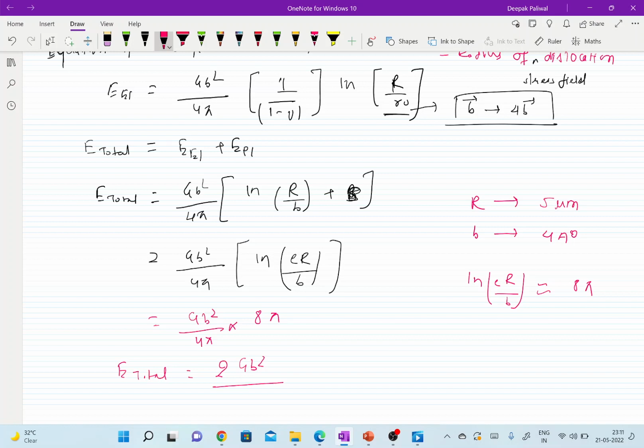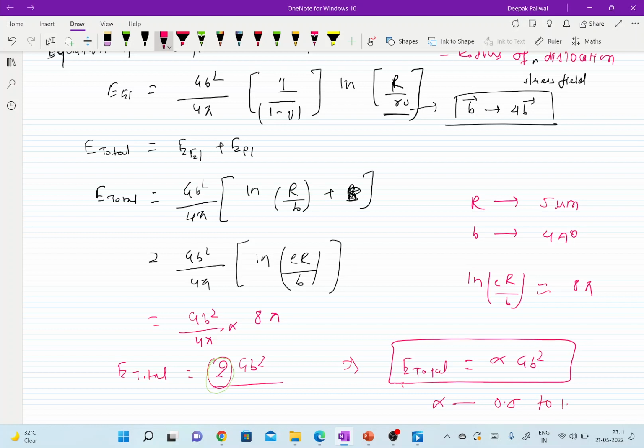This is only a constant number, so I can write the total energy stored in a dislocation as E equals alpha times Gb square. Alpha is a constant quantity, which varies from 0.5 to 1.5.